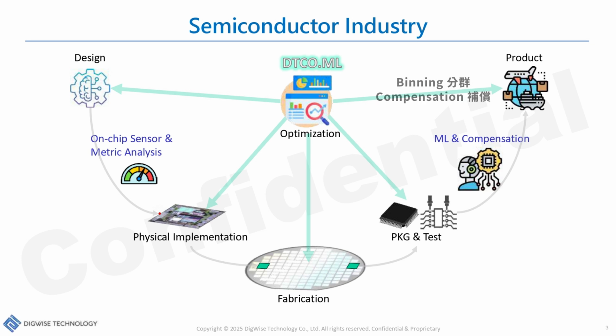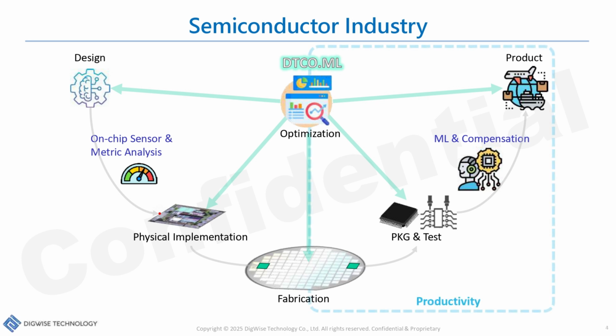This enables strategic binning at shipment, grouping chips by performance level for price differentiation, and applying compensation strategies. Ultimately, the goal is not just yield improvement but a comprehensive boost in competitiveness, productivity, and product optimization, echoing the mission of enhancing productivity.